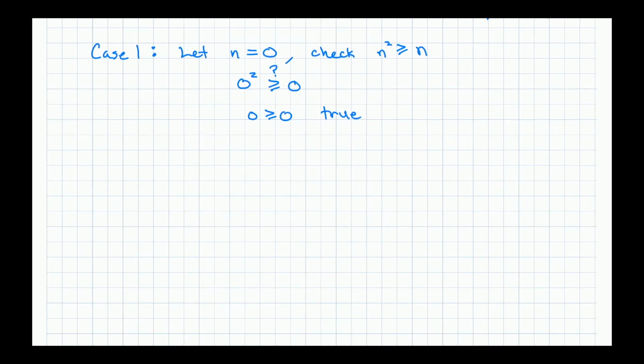Now let's do the case where n is positive. And again, you don't have to number them. You could say like case n equals 0. You could write it like this. Case n equals 0. Or you could just write n equals 0. It's up to you how you do that, as long as you make it clear that you're splitting it up.